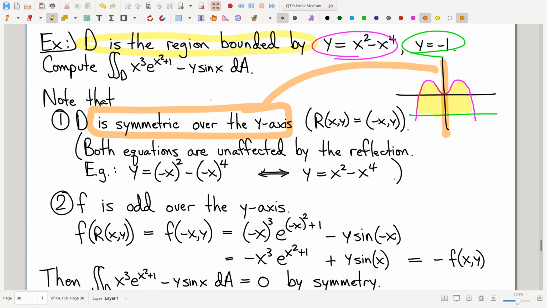Everybody see that? It's a weird shape, and it's undesirable in a lot of ways. It's got a quartic in it, for crying out loud. Symmetric, pretty clearly.